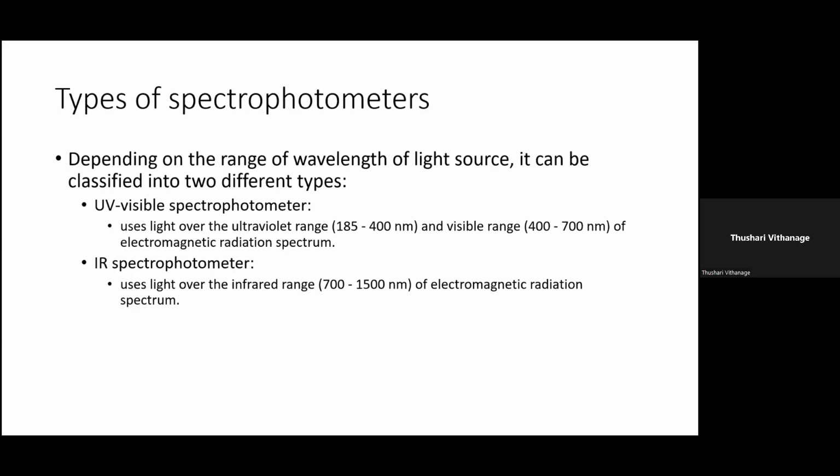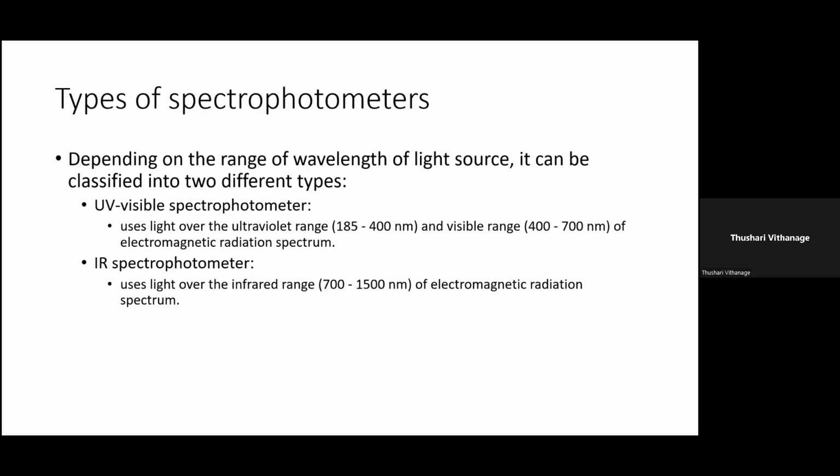There are two types of spectrophotometers depending on the range of wavelength of the light source. First one, the UV and visible range spectrophotometer, which uses light over the ultraviolet range, that means 185 to 400 nanometers, and visible range of 400 to 700 nanometers of spectrum.